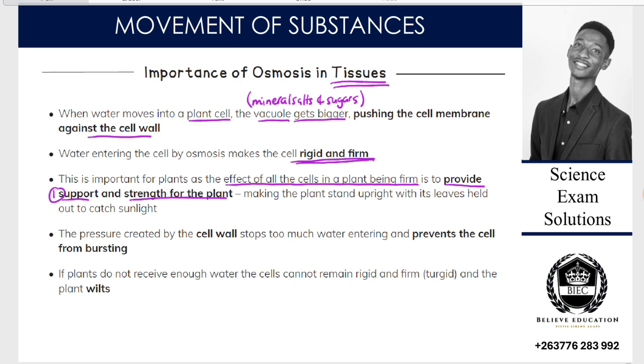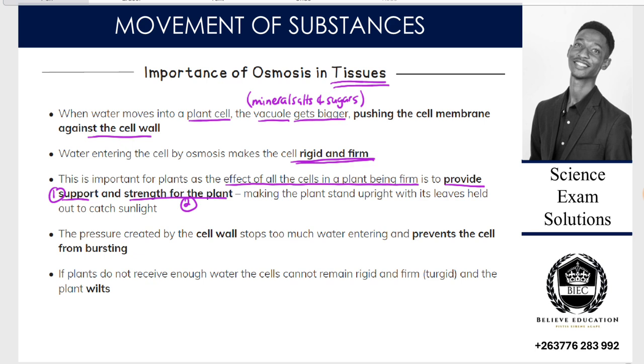Number 1, support, and number 2, structural strength. Are we together? So making the plant stand upright with its leaves held out to catch the sunlight.